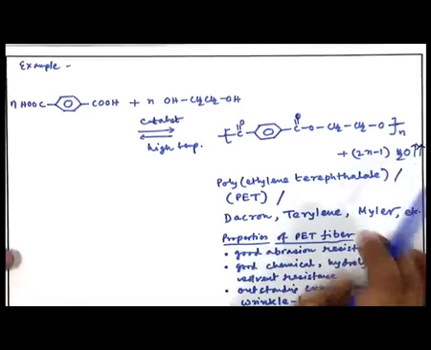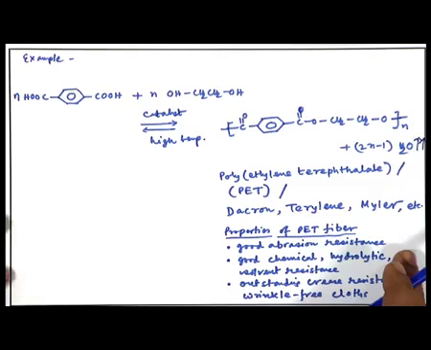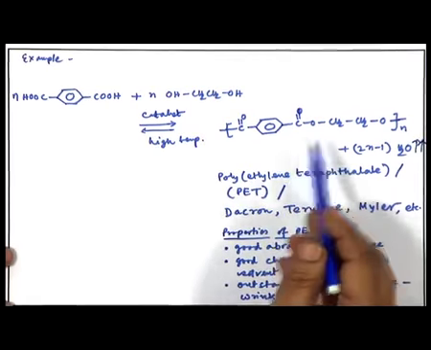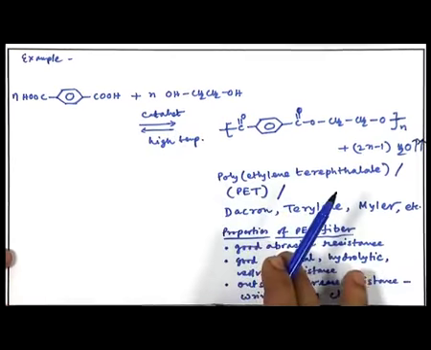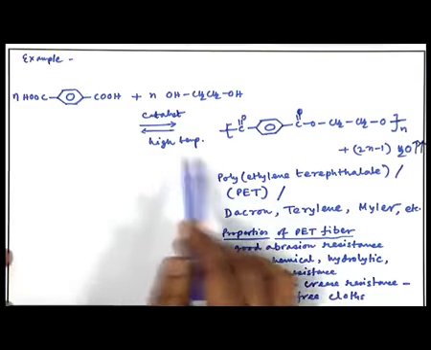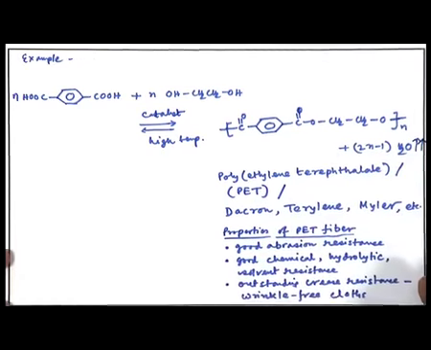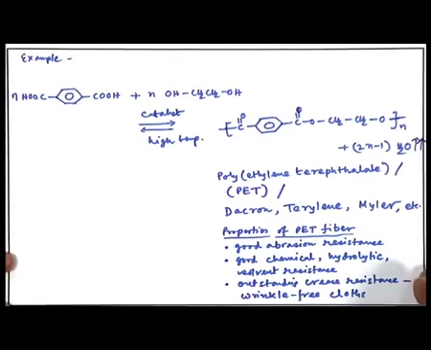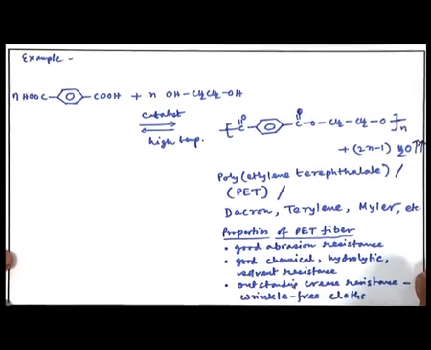So, to make this polymer product feasible, we have to do it in the presence of a catalyst, mostly acid catalyst, use a high temperature, and take out the byproduct or condensate from this reaction.